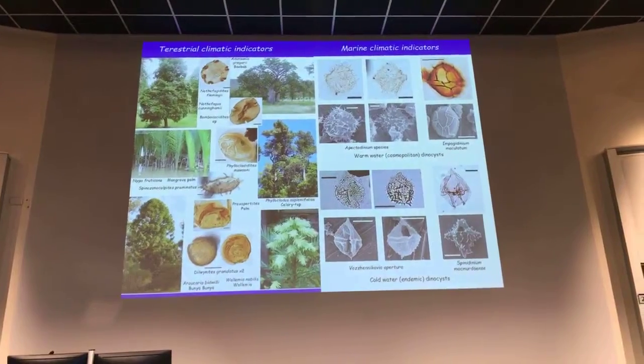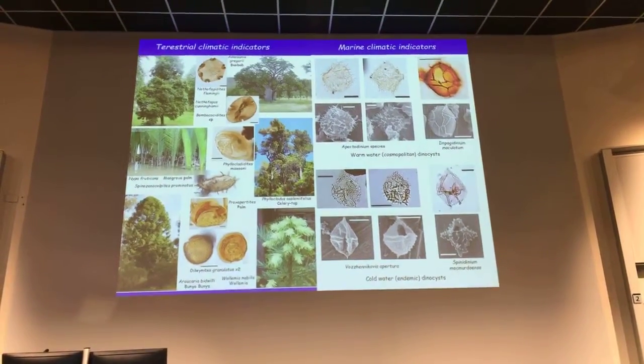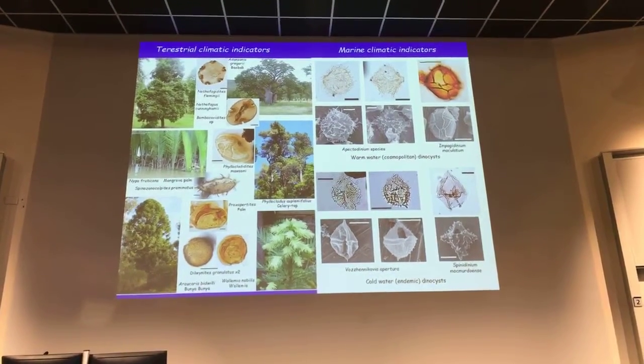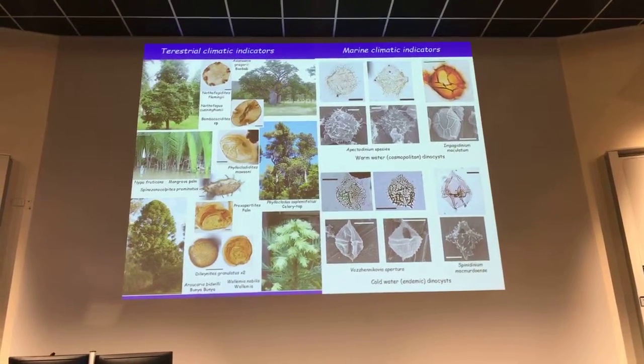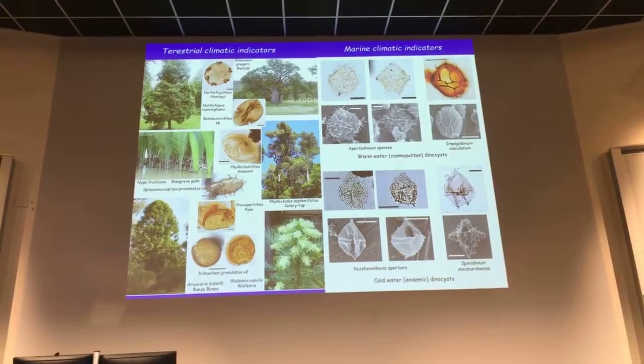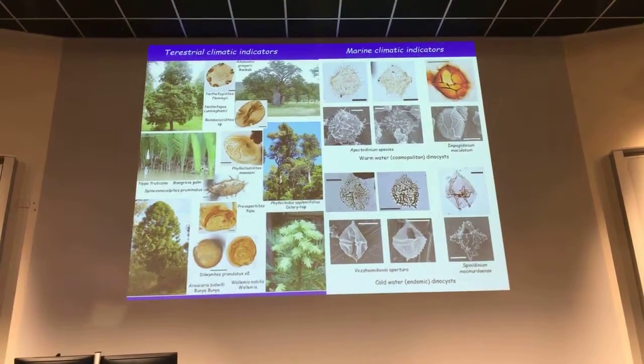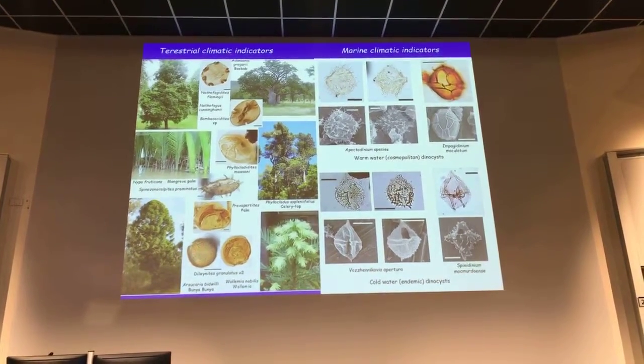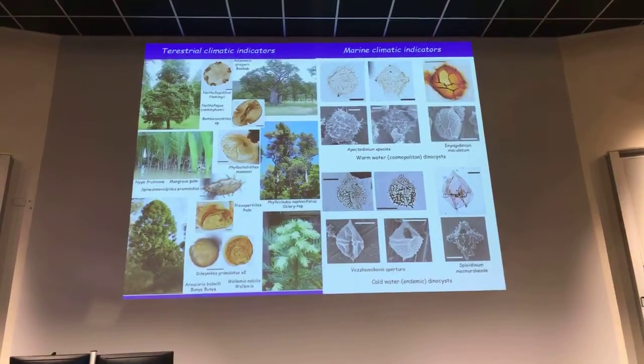On the right, you've got two classical groups of dinoflagellates. Apectodinium, they call it a tropical indicator, these are the cosmopolitan there, and then you've got the cold water ones.